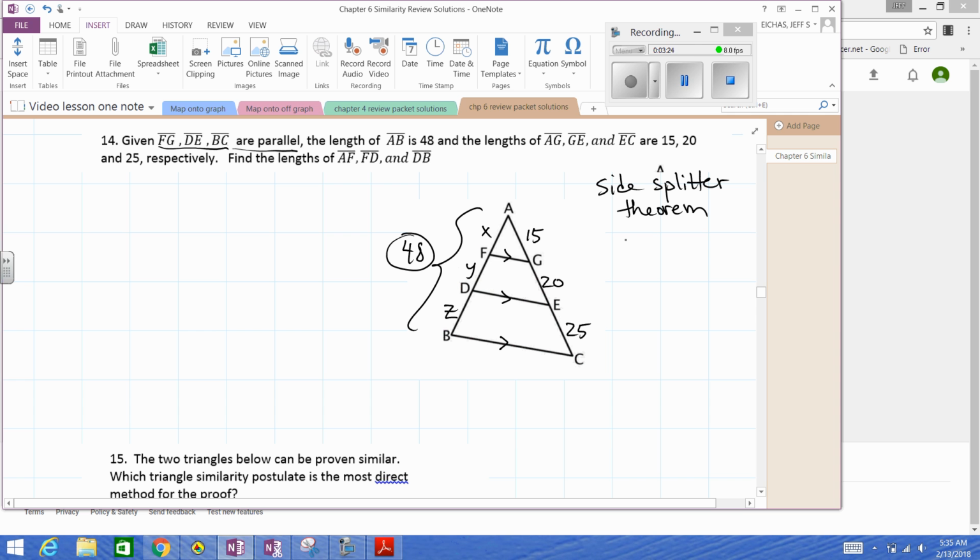So basically, here's how it goes. When the segments are parallel, they split the sides into proportional parts.